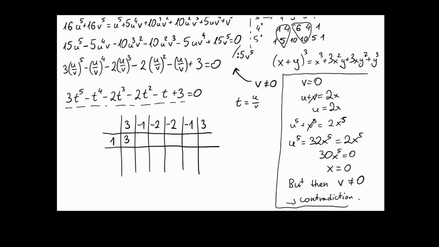Then the process goes like this. 1 times 3 plus minus 1 equals 2. Then 1 times 2 minus 2 equals 0.